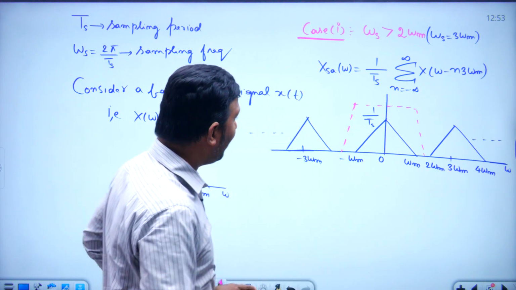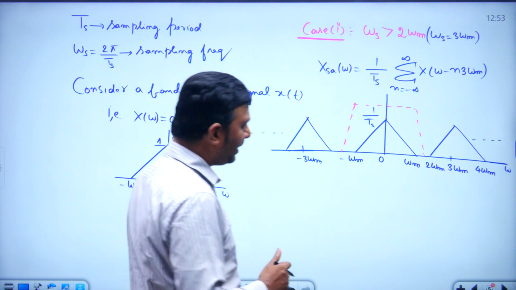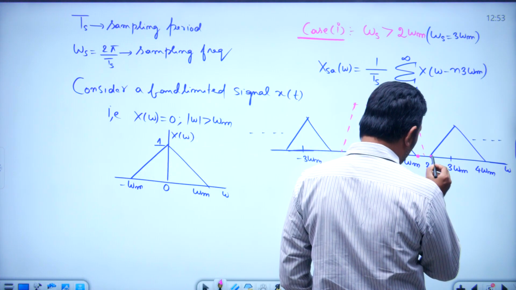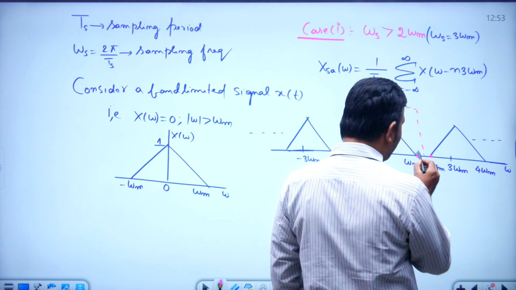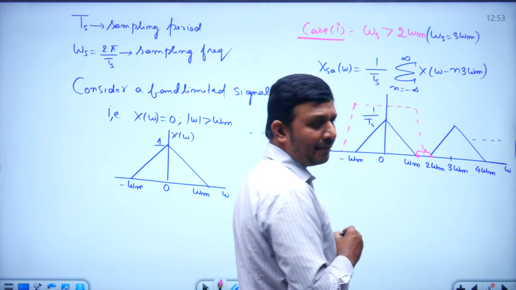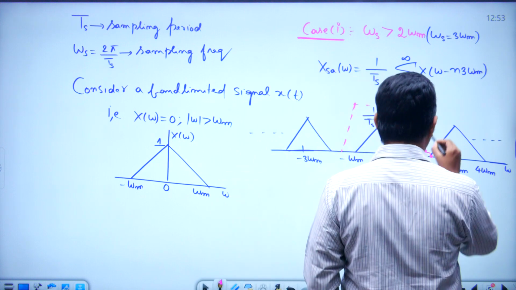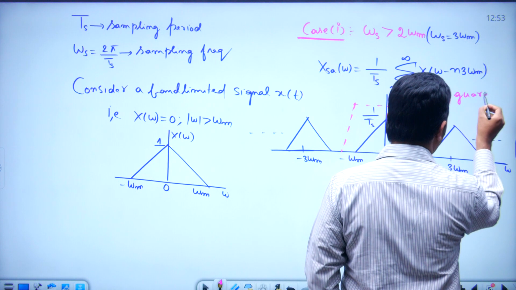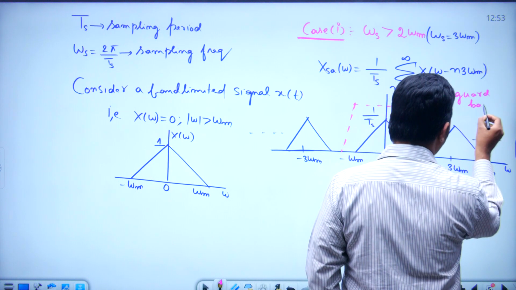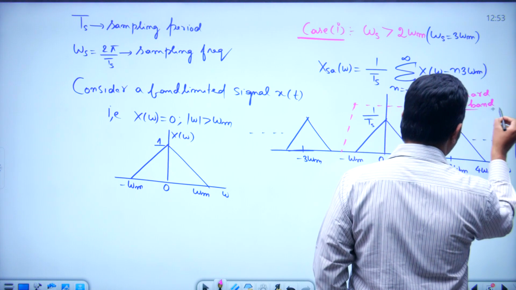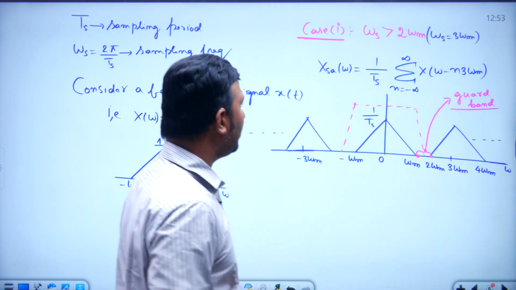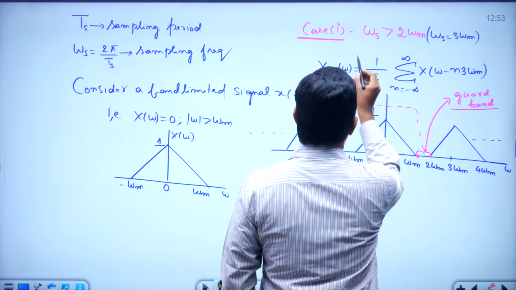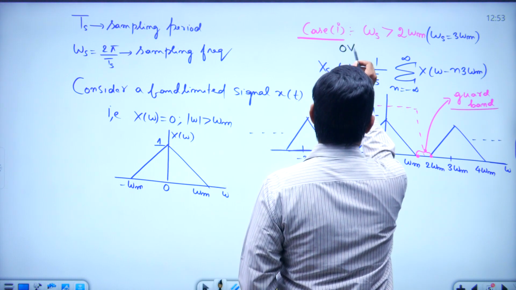One more advantage in this case is that there is some space between omega m and 2 omega m, which prevents these frequencies from overlapping, which we call the guard band. The case where we assume omega s greater than 2 omega m is what is called oversampling.